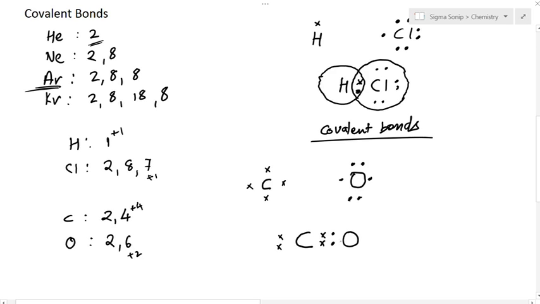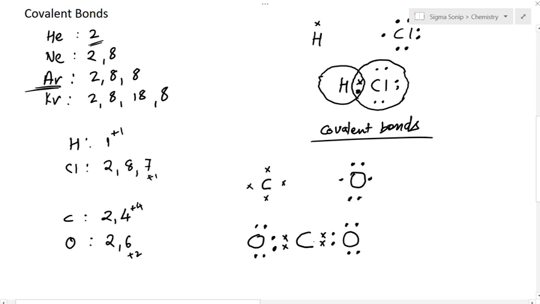So here this oxygen contributes 2 electrons, 4, that's 6 for this oxygen, and let me show oxygen here. These are the electrons contributed by the carbon, and these are the electrons contributed by the oxygen.